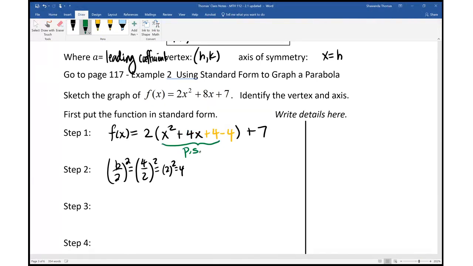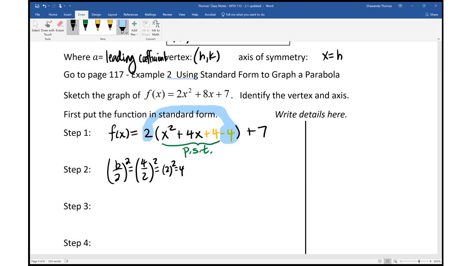So we're going to take out this unnecessary information, but we have to multiply what was on the inside of the parentheses that we're trying to get rid of. We have to recognize that's attached to the 2 that's on the outside of the parentheses.